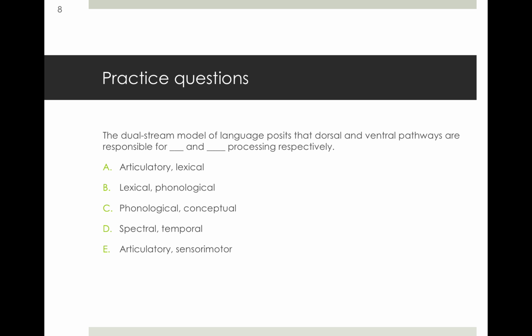Again, phonological is much more basic, more acoustic, so I wouldn't think of that as part of that dichotomy. Then there's spectral and temporal. Spectral processing has been associated more with right hemisphere auditory areas, and temporal processing more with the left hemisphere. So that's not so much dorsal ventral.